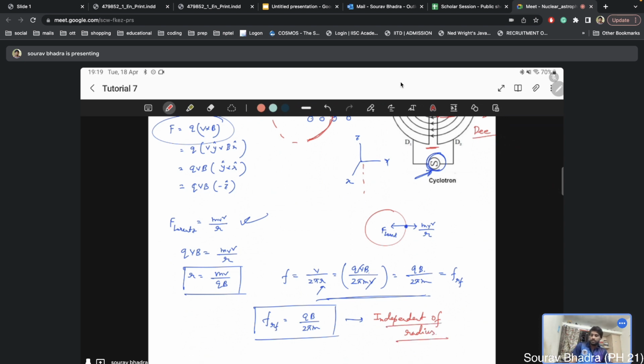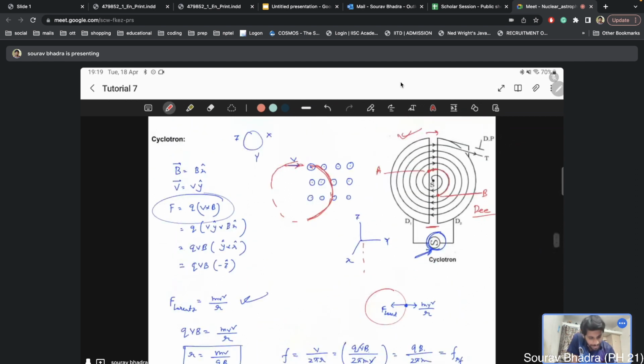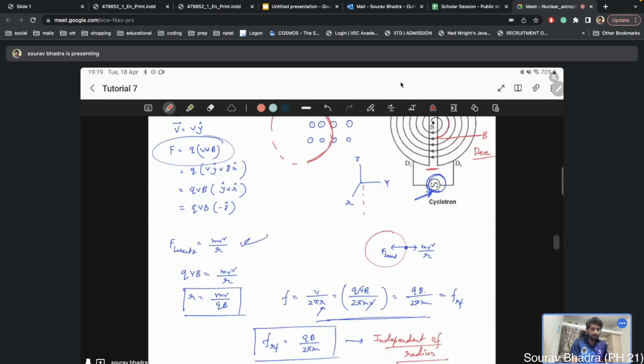Okay, which is the main thing. And suppose it is going through acceleration and when it is at a point C, it doesn't have any further space to go to a higher radius, then it will just go out of the D or out of the machine.